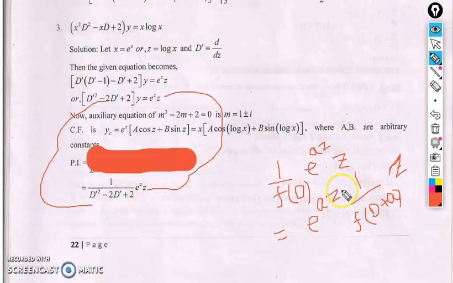Here we apply it. Here a is 1, so d dash is replaced by d dash plus 1, whole squared minus 2 times d dash plus 1, plus 2, and e to the power z should come out from the operator.